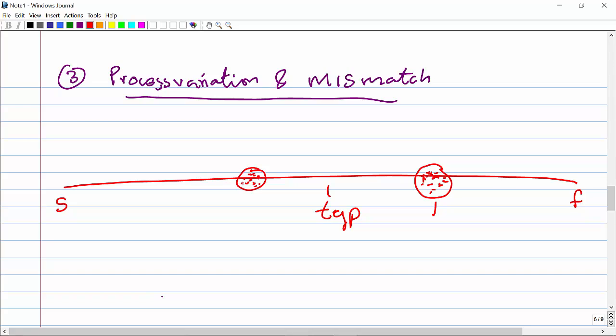That means there will be mismatch between those devices. If you want to cover all this area, you have to increase the number of runs. Generally, people will run 200 or more runs to cover all the area to get the process and mismatch.